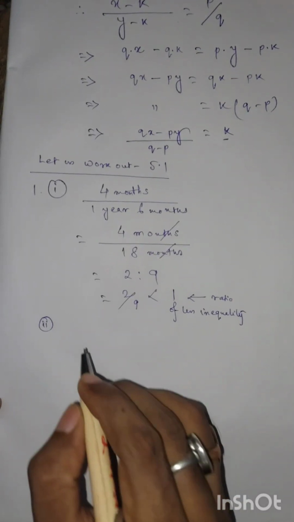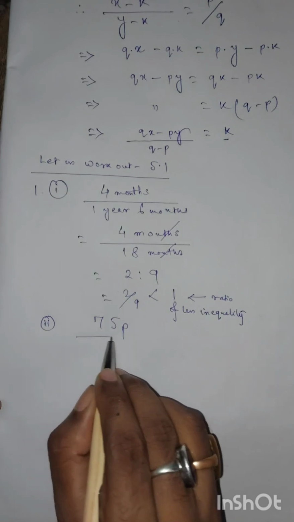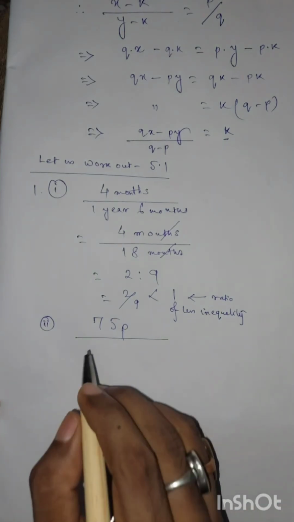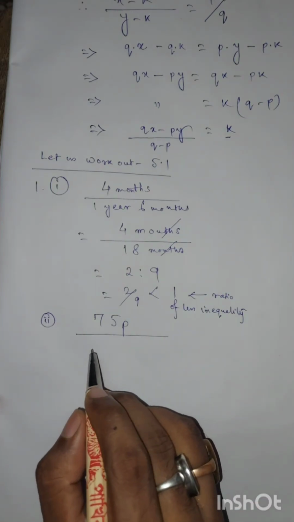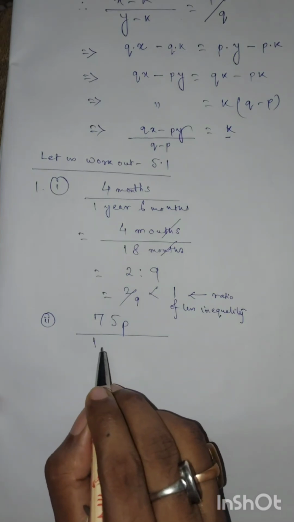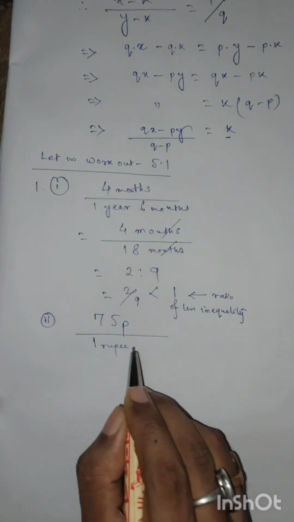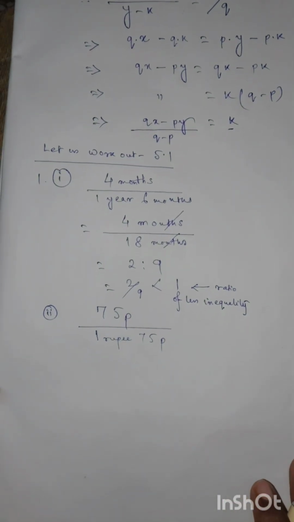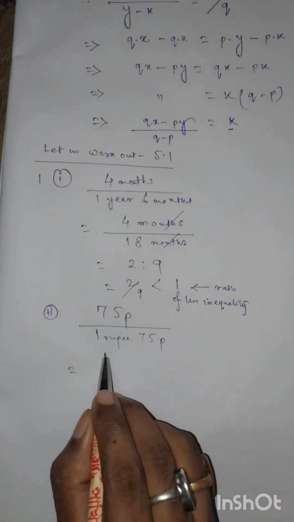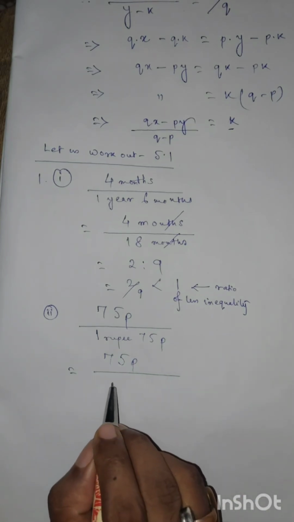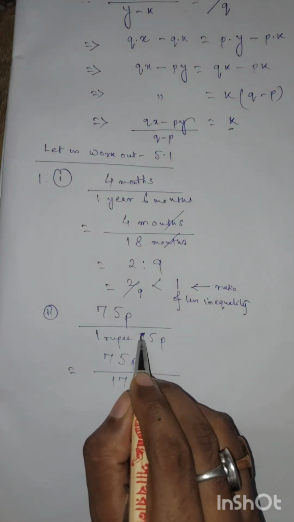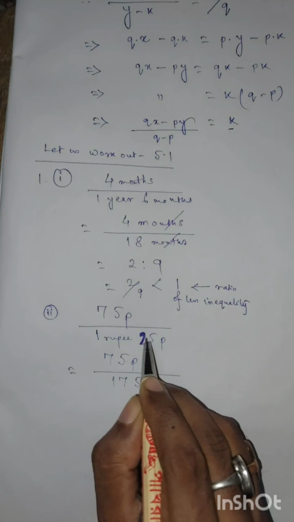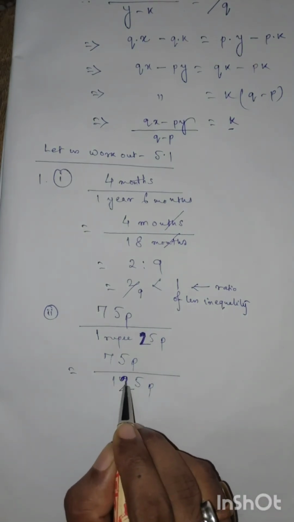Number 2, 75 paise by 1 rupee 25 paise. That means, so if we convert it into paise, we get 75 paise by 125 paise.